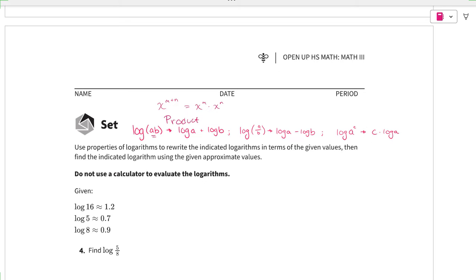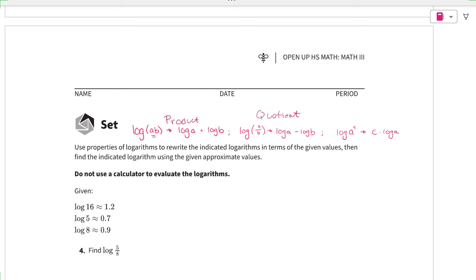Same thing with quotient. If I have x to the m divided by x to the n, I actually subtract those exponents, right? m minus n. Well, we see that with this quotient of log of a over b becomes log of a minus log of b. So quotient.